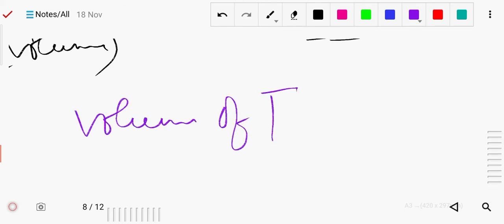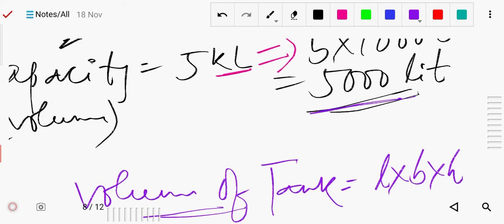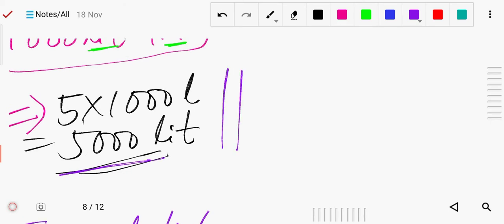Volume of tank equals L into B into H. The volume of the tank is given as 5000 liter, but we have to convert it into meter cube.